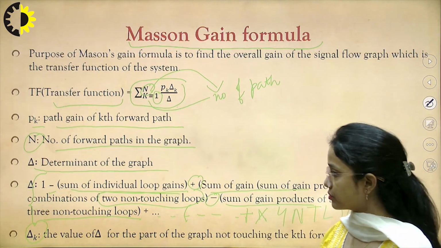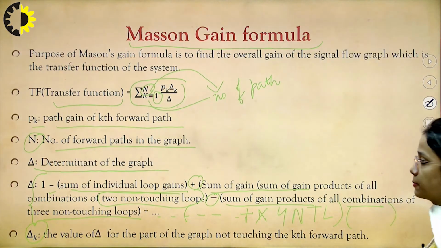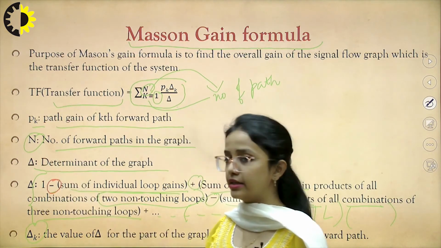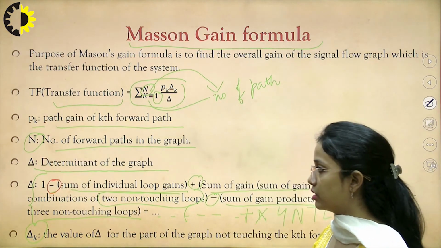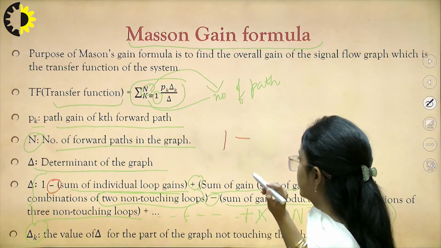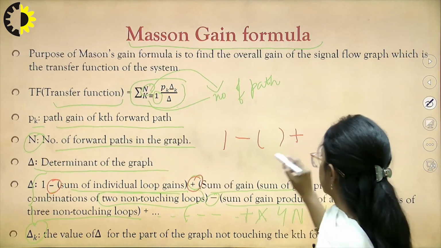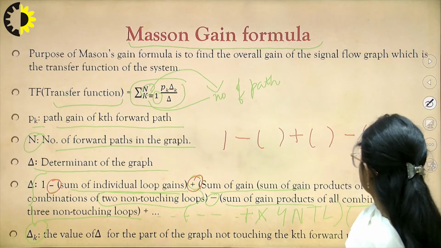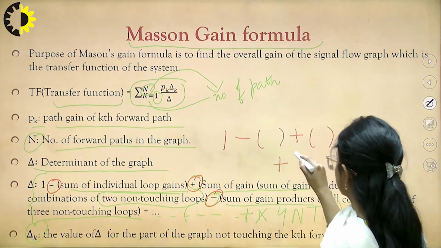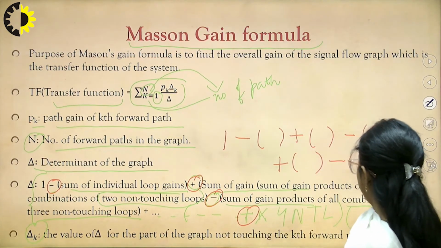One more thing I want to add, and pay some attention: the first bracket uses a minus sign, then the signs alternate. First it will be minus, then plus, then minus, and then the next one would be plus, and then the next one would be minus.